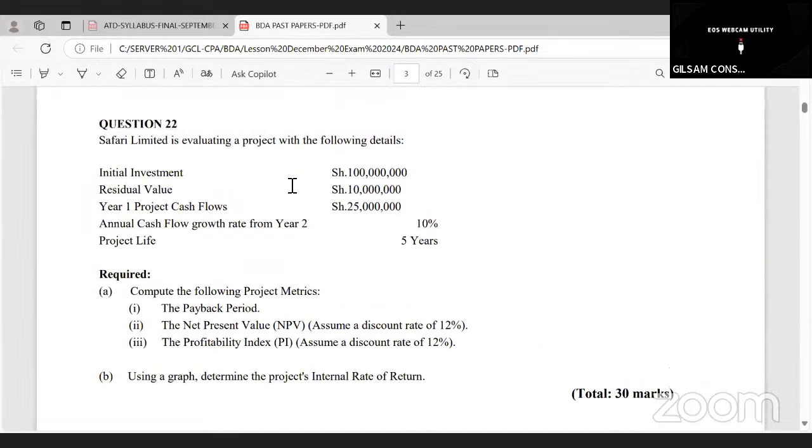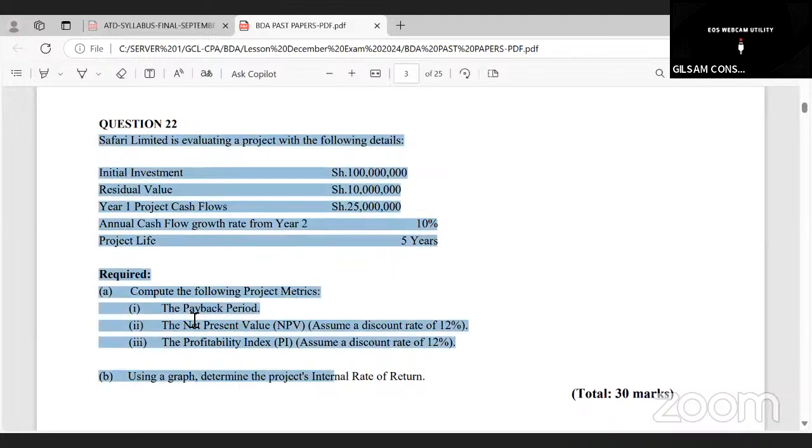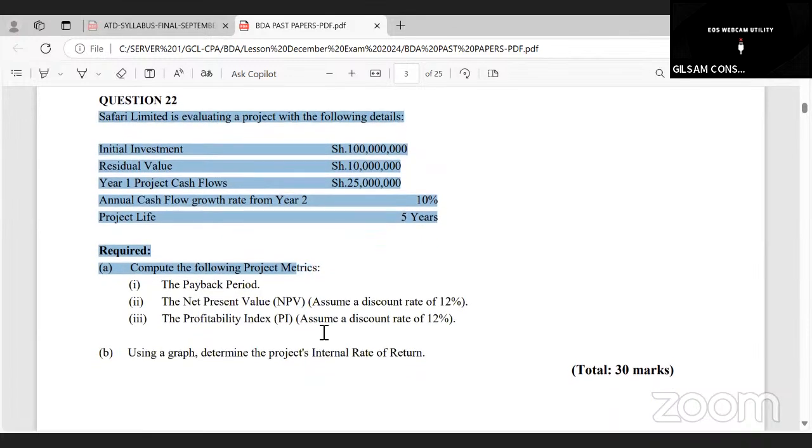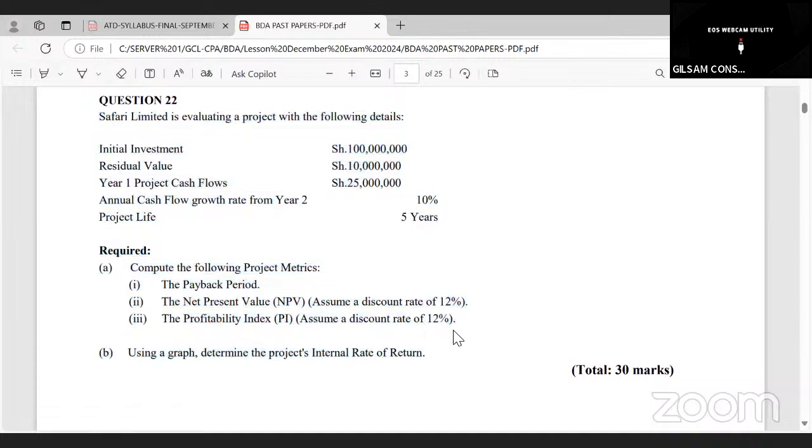Say that Safari Limited is evaluating a project with the following details, which you have been given: the initial investment, the residual value, the projected cash flow, and annual cash flow growing from year 2 at 10%, and the projected life, 5 years.